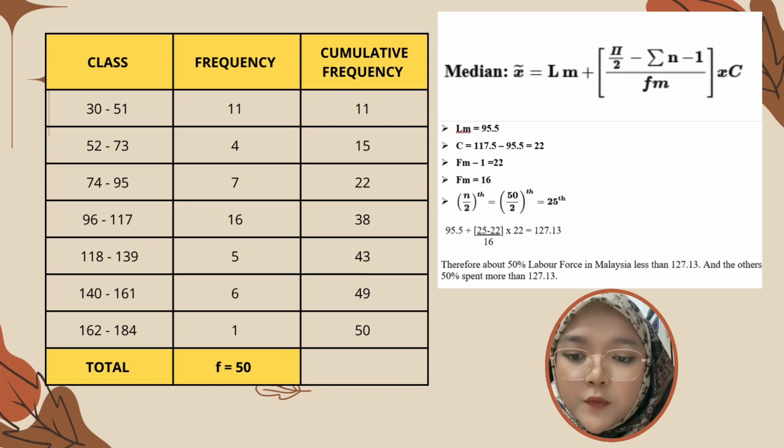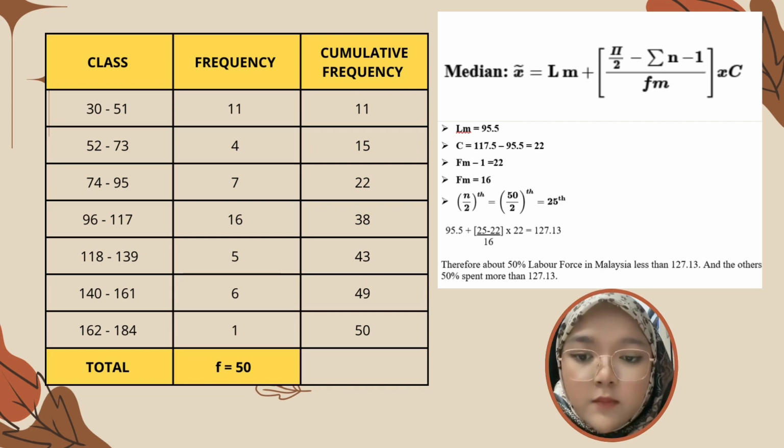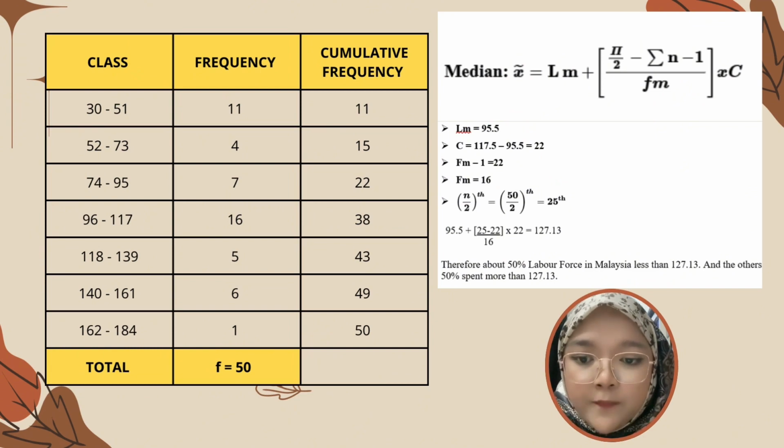Okay, next we move to the median. For LM, LM equal 95.5, C equal 117.5 minus 95.5 equal 22. F(m-1) equal 22. Fm equal 16.